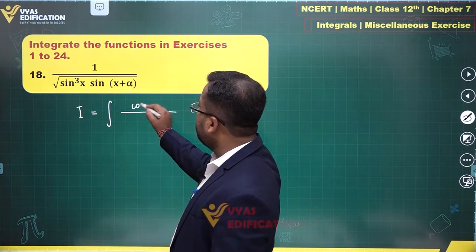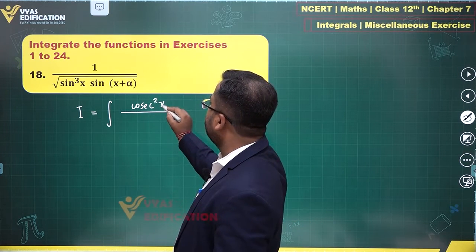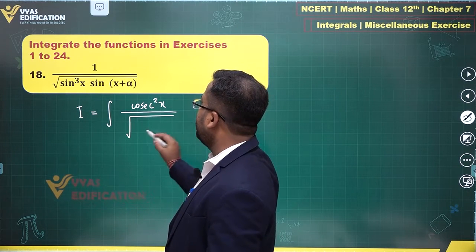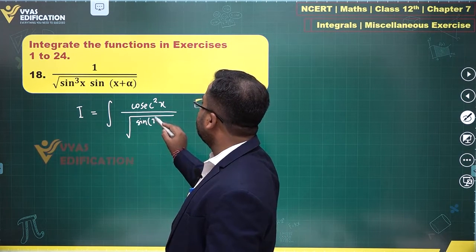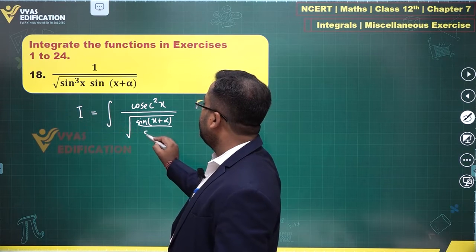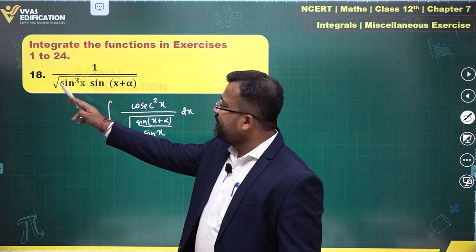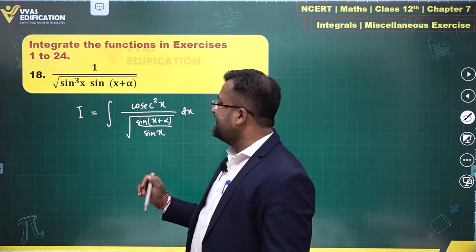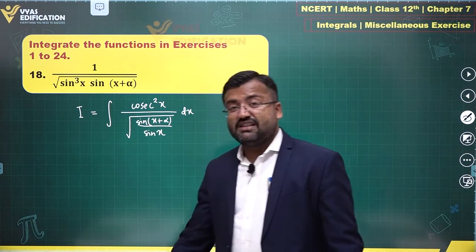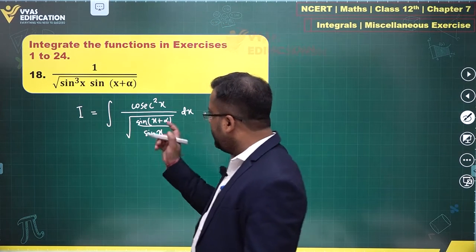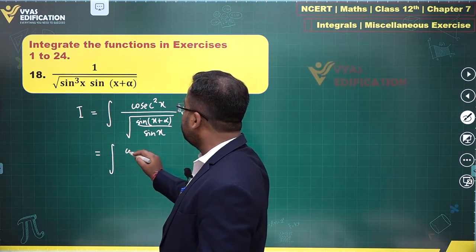In the numerator, it will become cosec square x. And what is remaining here is sine of x plus alpha, and you took an extra sine x from here, so let's give that back. I've taken sine power 4 common, which becomes this, and what is remaining is this in the denominator. Now, let us use the expansion of this.